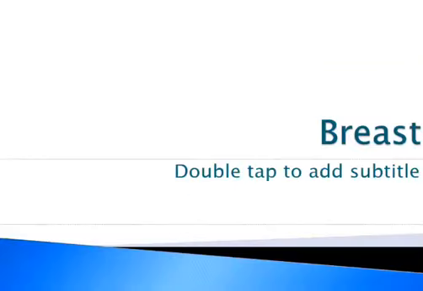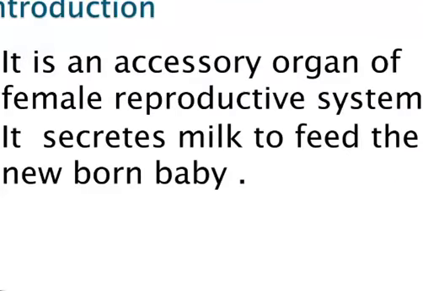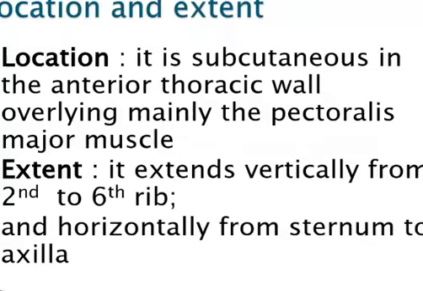Then we start with mammary gland. It is an accessory organ of female reproductive system, and its main function is that it secretes milk to feed the newborn baby. Location and extent.